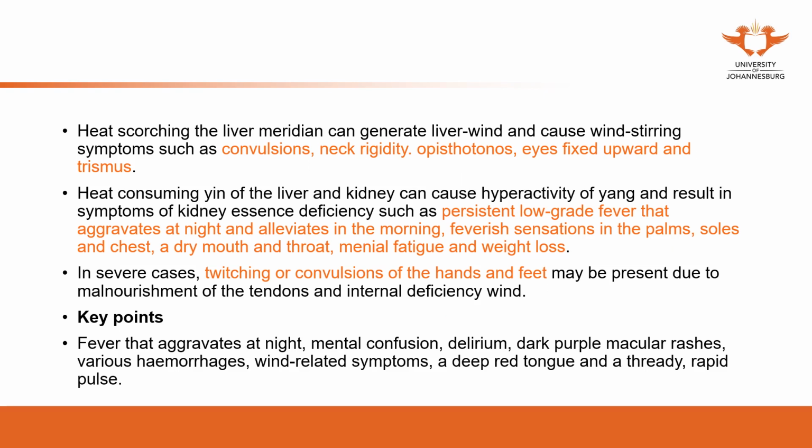From Qi level, the patient will present with a thick coating. In Ying and blood level, the patient will have no coating, but in the blood level, the patient will have some bleedings. So that's the key manifestations of these four, and the rest of the manifestations you can just go through by yourself.